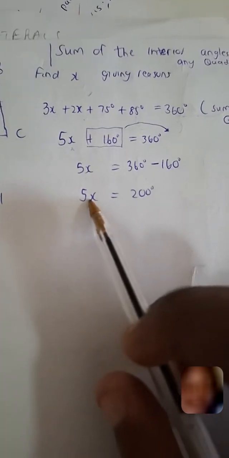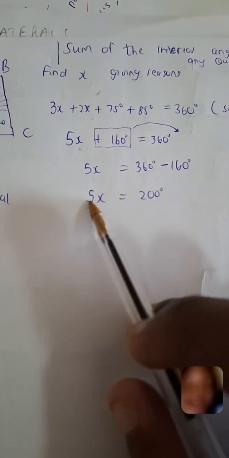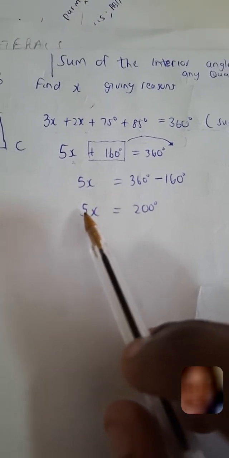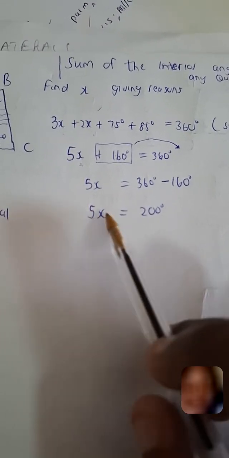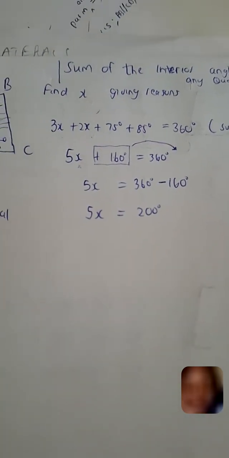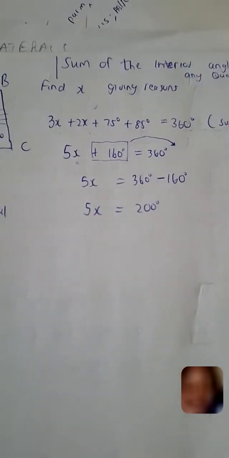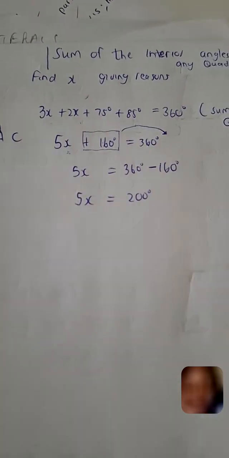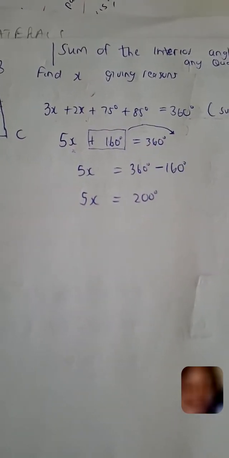Then after that, we want to solve for x. 5 is a coefficient of x. We call this a coefficient, by the way, the number before a variable. It is currently in a relationship of multiplication with x. We want to say goodbye to the 5 because the 5 is multiplied to the x. So how do we get rid of the 5? We use the inverse of multiplication.